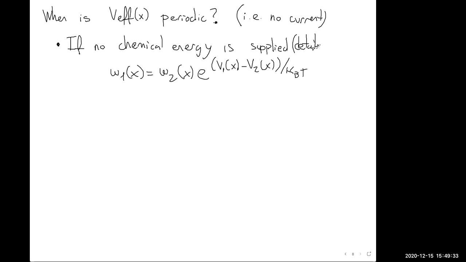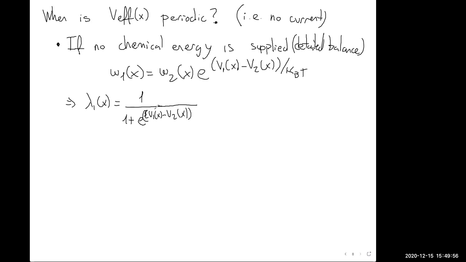Detailed balance. So if you have this condition, what you get is that lambda 1 of x equals 1 divided by 1 plus e to the beta (V1 of x minus V2 of x). So this is like the two-state model.